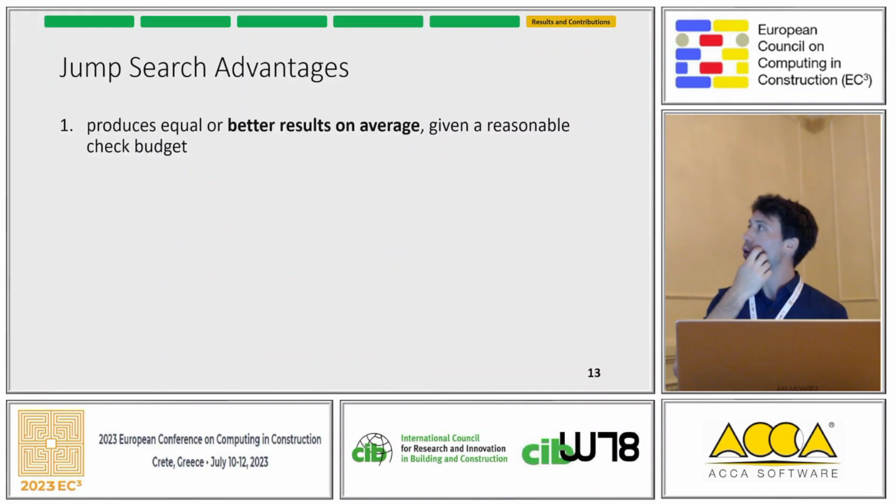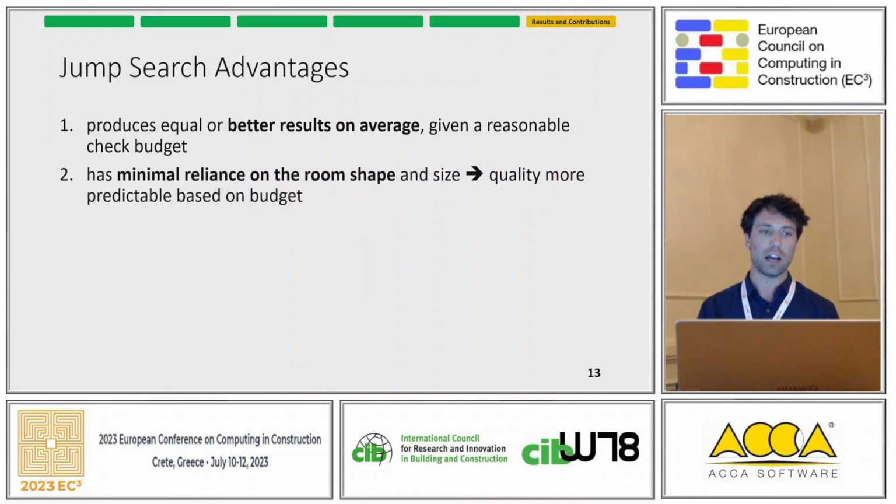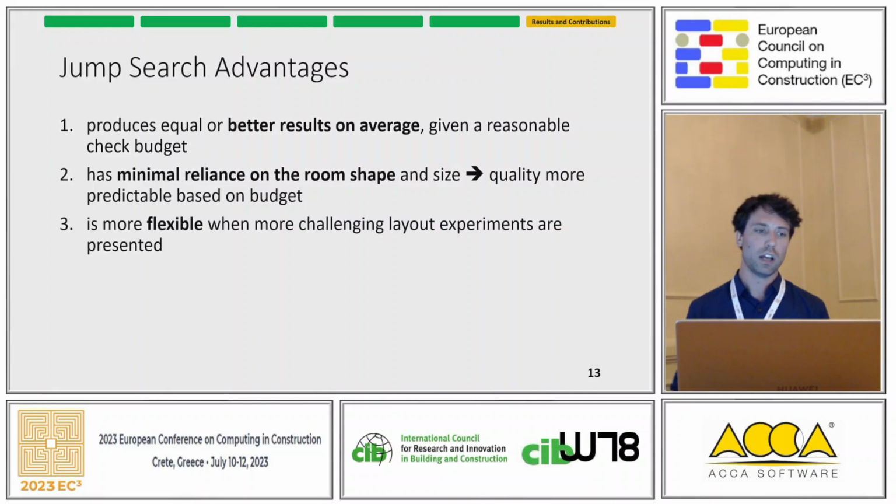So just to go over all of the advantages of the jump search. Overall, it gives better results on average, given a reasonable check budget. It has very little reliance on the shape of the room, so you can predict the quality a lot better depending on the budget. If you have less computing power, you can infer what quality you're going to get out of it. It's a lot more flexible to different challenging layouts.